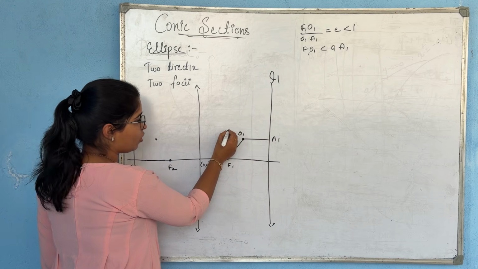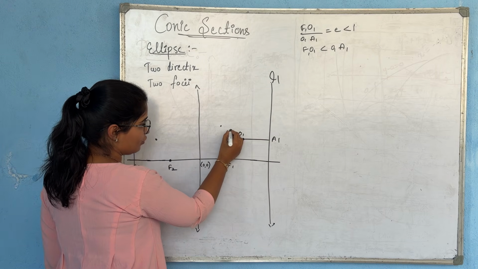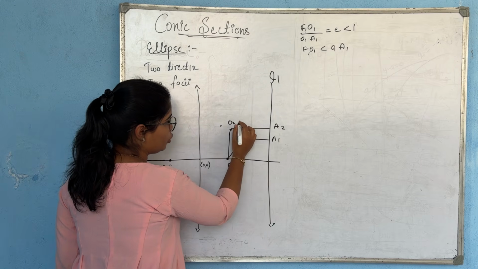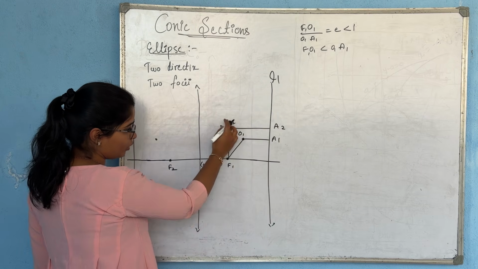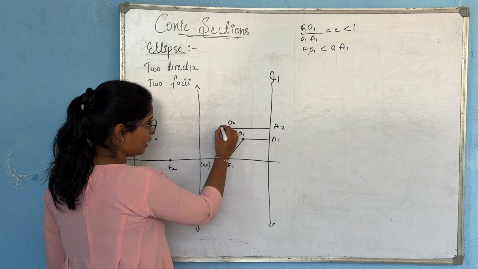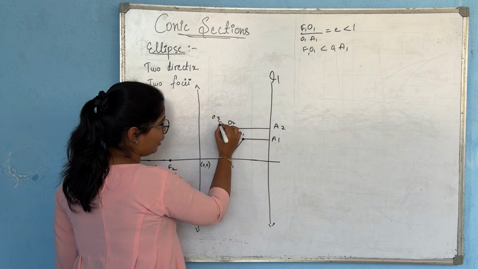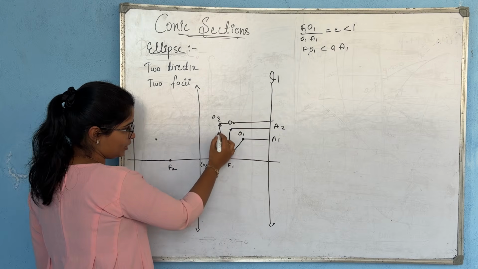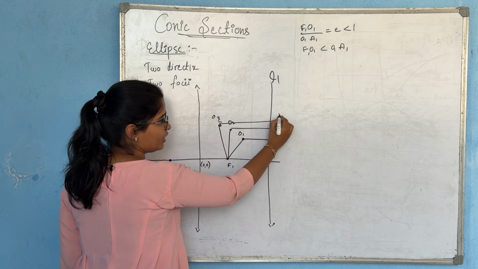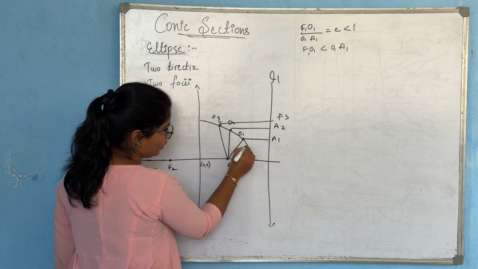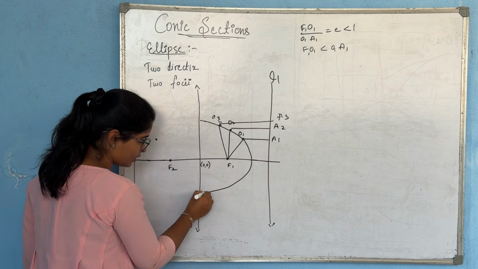If we consider all such points, like O2F1 and O2A2, and take any random point on the plane, it follows the definition in such a way that the distance between this is less than the distance between this. When you connect all those points together, then you will get an ellipse, clear.